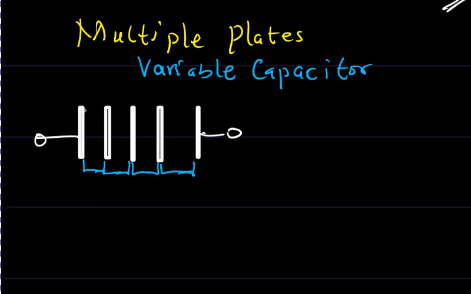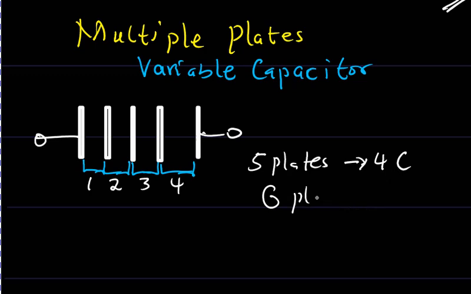So invariably, I have 1, 2, 3, 4, 5 plates, which will give me 1 capacitor, 2 capacitor, 3 capacitor, 4 capacitor. So 5 plates give 4 capacitors. So invariably 6 plates will give 5 capacitors.